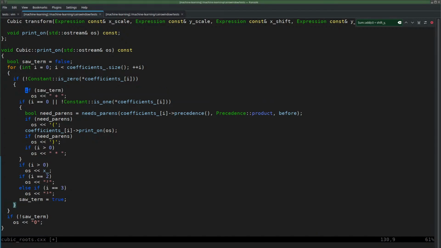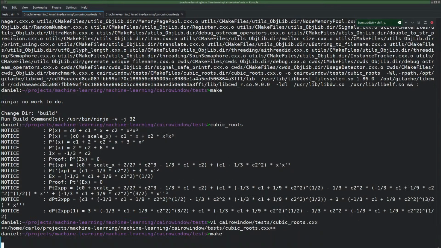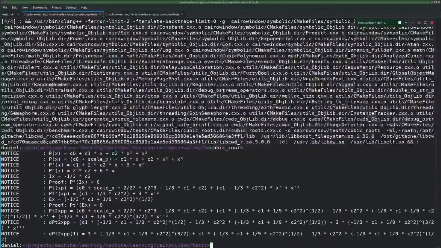I think this should go here. Okay, so we have this. That is a monic polynomial because the coefficient here is 1. And I add scale x randomly. Some symbol. And then the result is this. Yay.